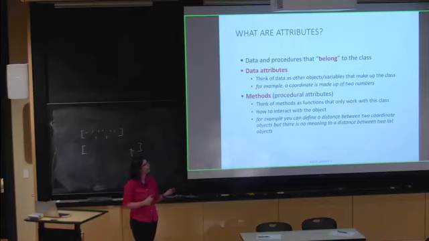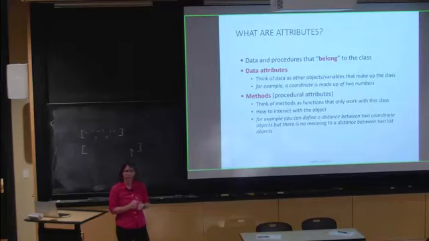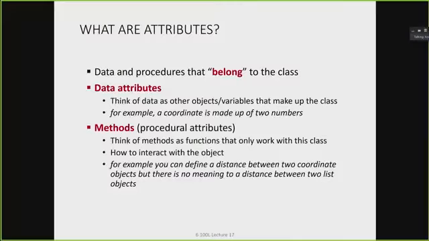What does that even mean? Right? So the distance method that we mentioned is one thing we'd like to implement will only work with objects of type coordinate. Okay. So these special functions are actually called methods, okay? And I'm going to use this term a little bit today. Hopefully you get used to it, and then from next lecture on, I'll just use the word methods to refer to functions that only work with objects of this type.